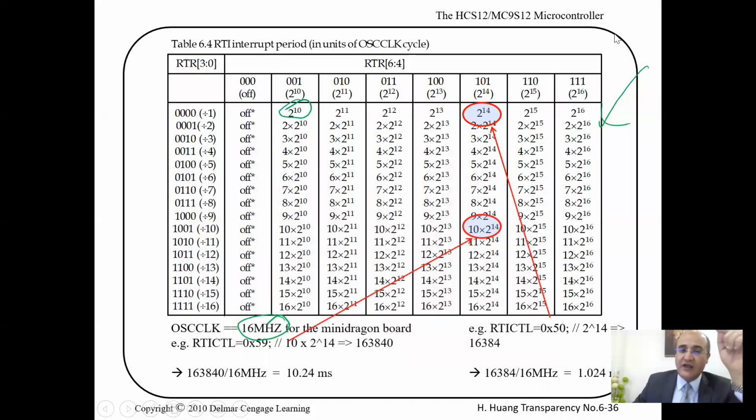Is that clear? If I want a periodic interrupt to happen every 64 microseconds, this is the value I want to multiply with.